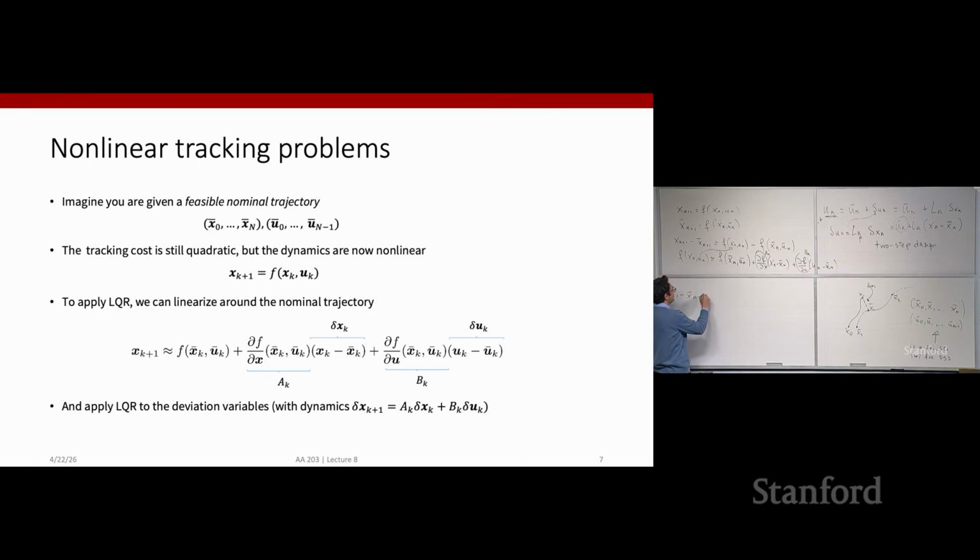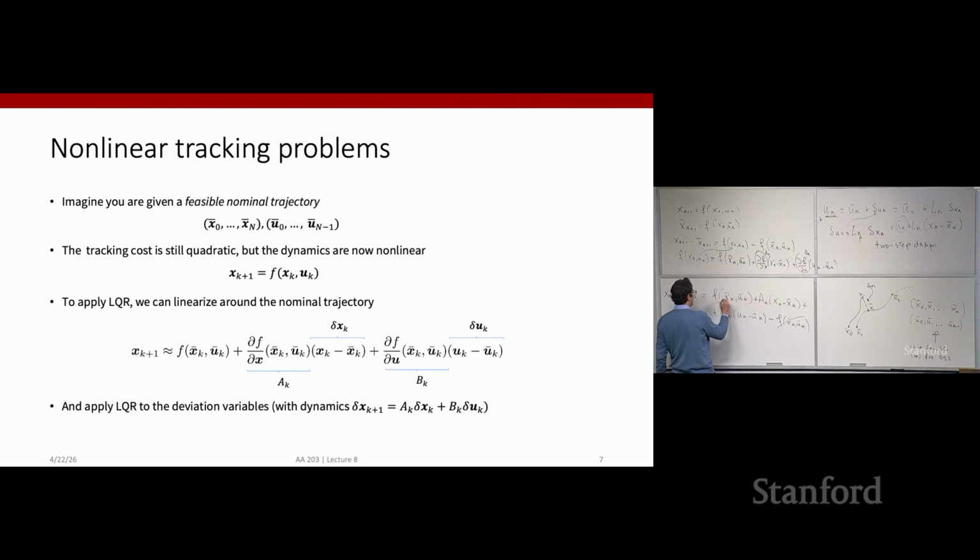So what we get is equal to f(x bar k, u bar k) plus A_k (x_k minus x bar k) plus B_k (u_k minus u bar k) minus f(x bar k, u bar k).